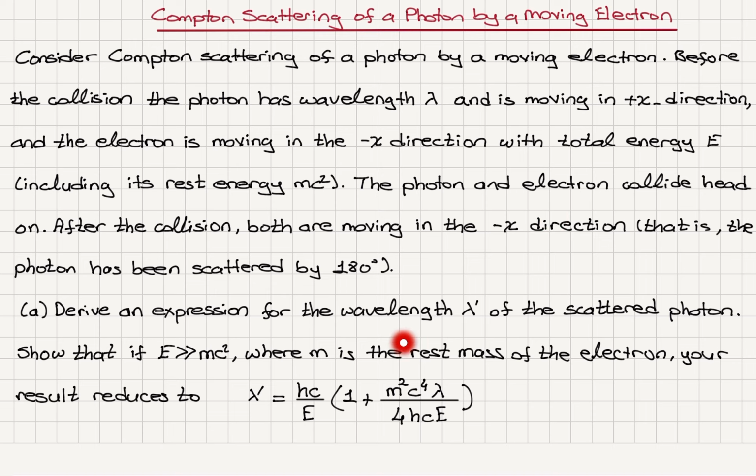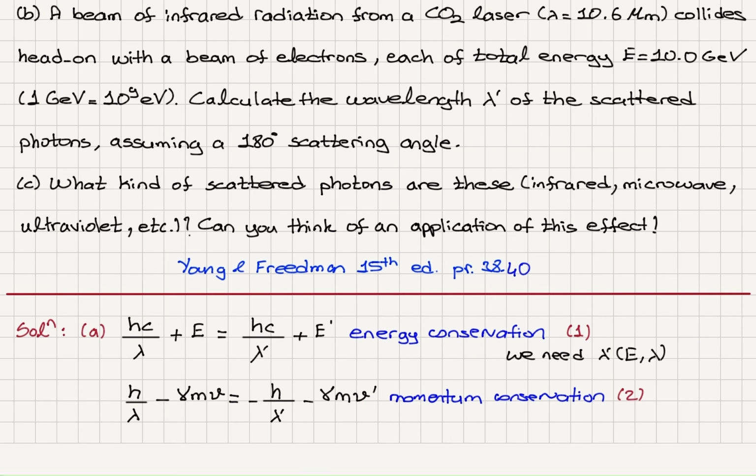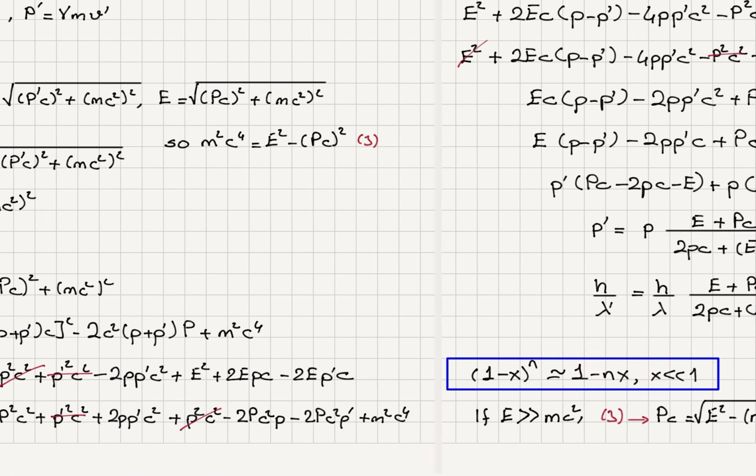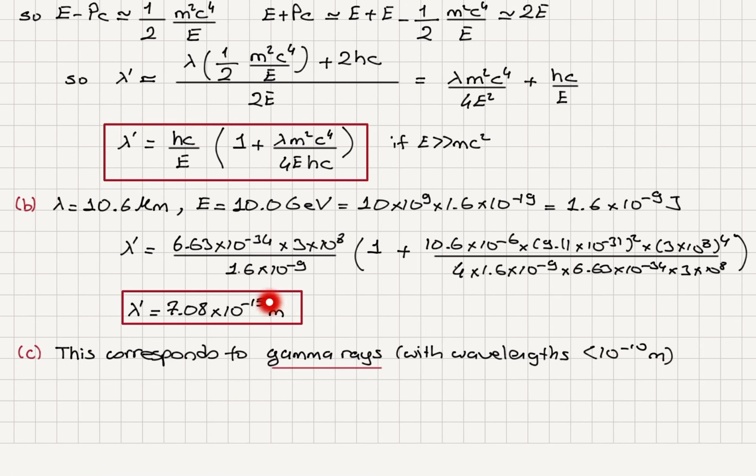We derived an expression for the wavelength of the scattered photon in the limit capital E much greater than mc squared, which we found in part A, by writing the energy conservation equation and momentum conservation equation. Then we looked at incident radiation from a carbon dioxide laser with an electron energy of 10 giga-electron volts, and found the wavelength of the scattered photons, lambda prime, in part B. That corresponds to gamma rays, so this can be used to produce gamma rays.